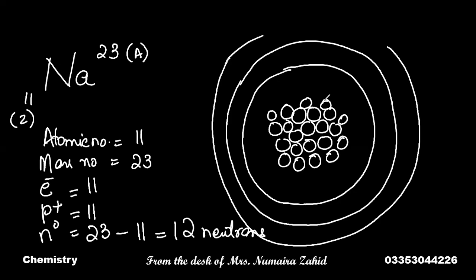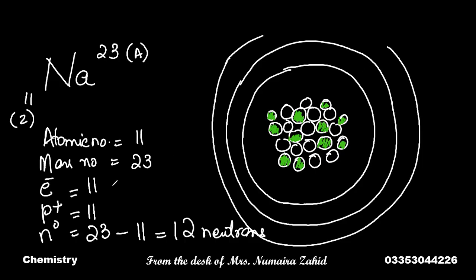As we know, there are 11 protons, 11 electrons and 12 neutrons. So 1 proton, 2, 3, 4, 5, 6, 7, 8, 9, 10, 11.